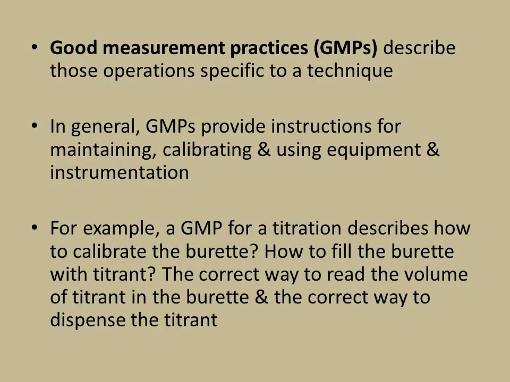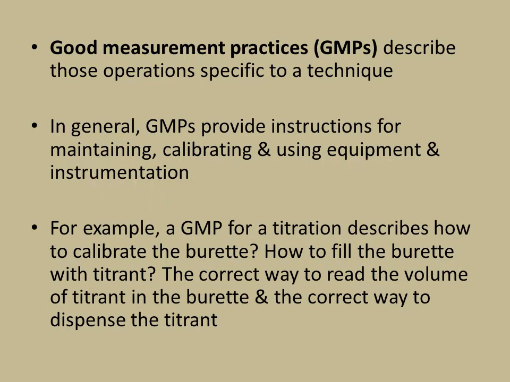Another parameter is good measurement practices, GMPs. These describe those operations specific to a technique. So the operations related to a specific technique are described in good measurement practices. In general, GMPs provide instructions for maintaining, calibrating, and using equipment and instrumentation.